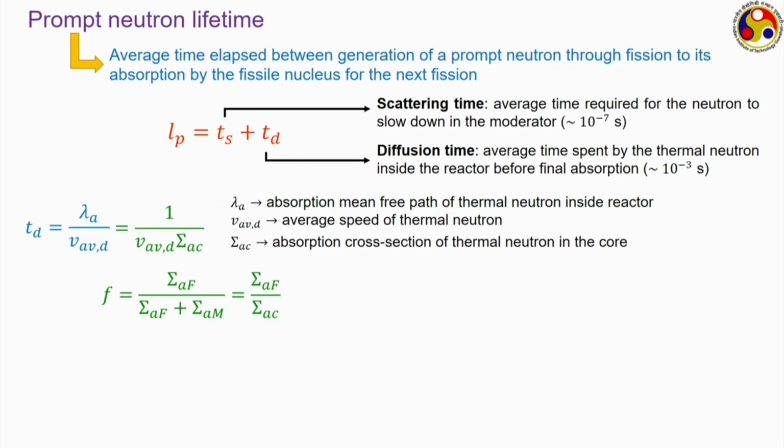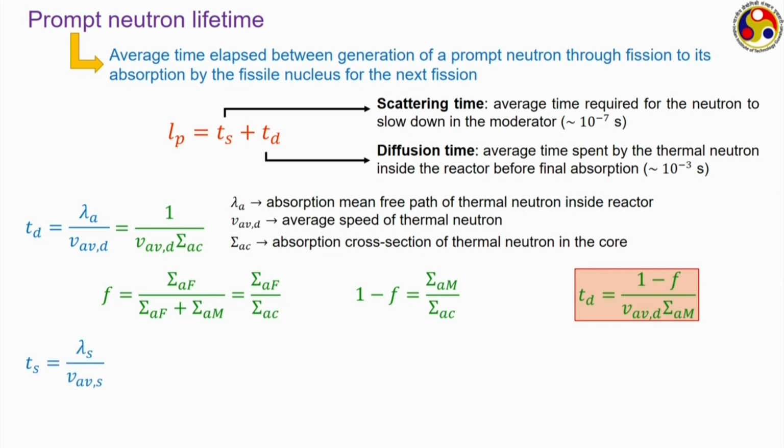So, f is equal to sigma_A for fuel divided by sigma_A for fuel plus moderator, and hence 1 minus f is equal to sigma_A for moderator divided by sigma_A for the core, that is, the total macroscopic absorption cross section. Hence t_d can be written as (1 minus f) by V average into sigma_A for the moderator.